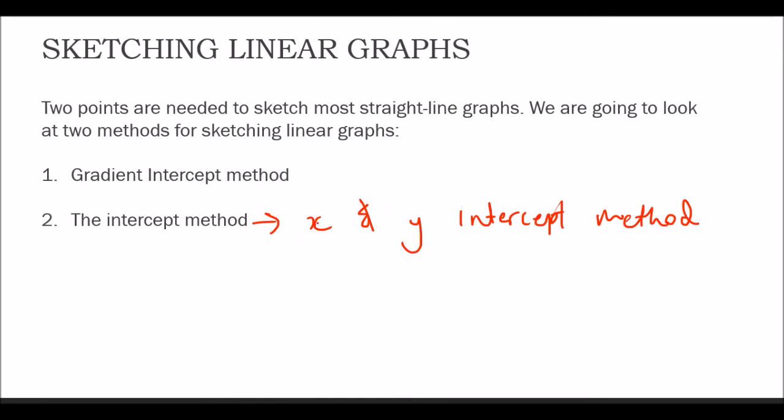So two points where the line hits the X axis and where the line hits the Y axis. And then the gradient intercept method refers to the gradient and then the Y intercept as well.